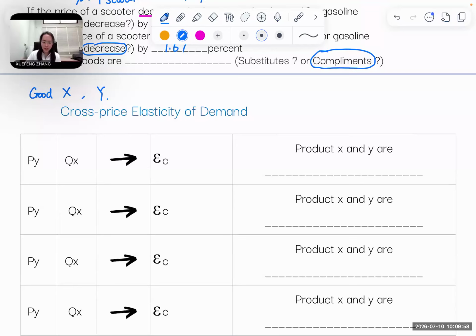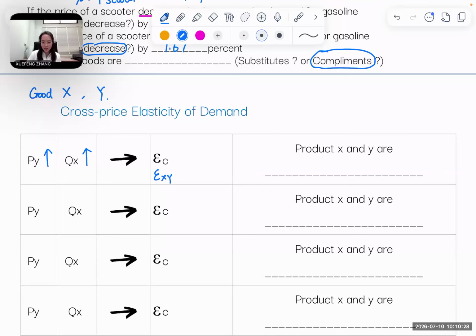So let's see here. Suppose the price of Y increases, and also the quantity for X increases as well. In this case, the epsilon C, okay, so C means cross price elasticity, same as what I showed you here, which is epsilon AB or epsilon XY, just means cross price.